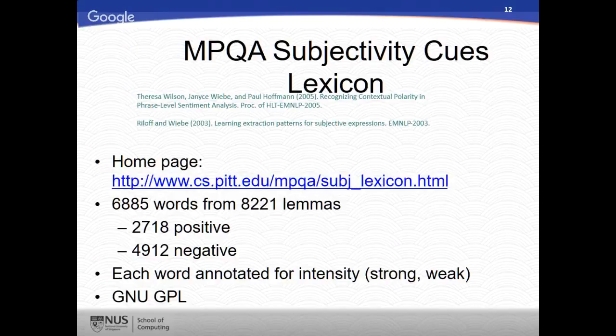Different from the previous two lexicons, it also annotates the intensity of the sentiment, which means for one word, it will not only tell you whether it is a positive one or negative one, it will tell you whether it is a strong positive one, strong negative one, or weak negative one.